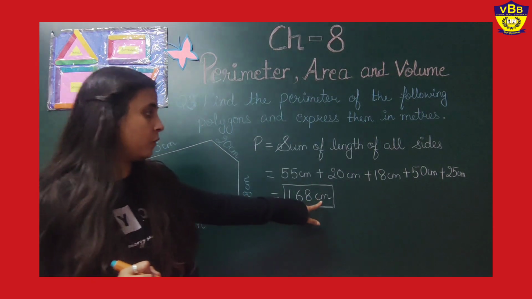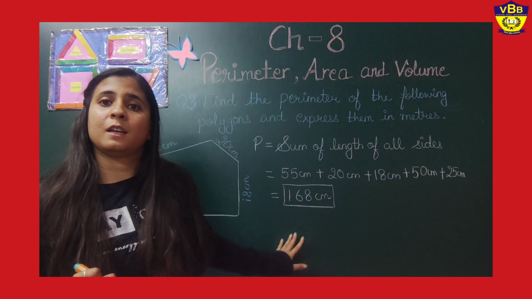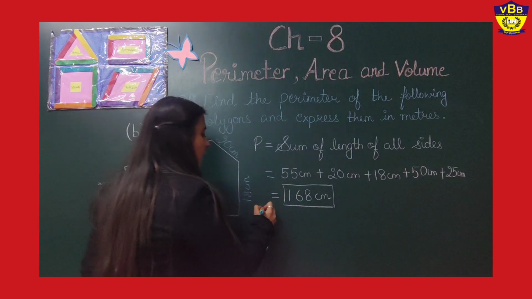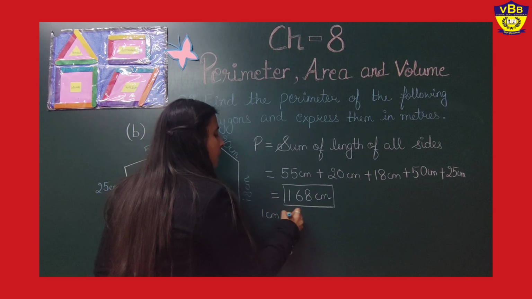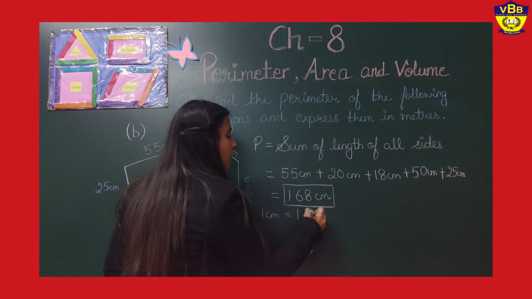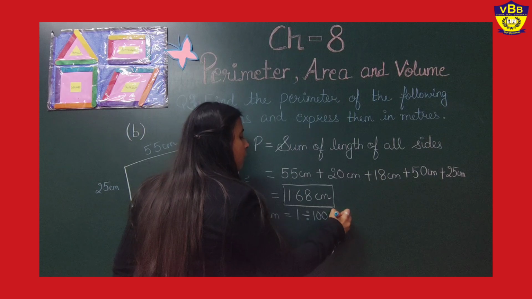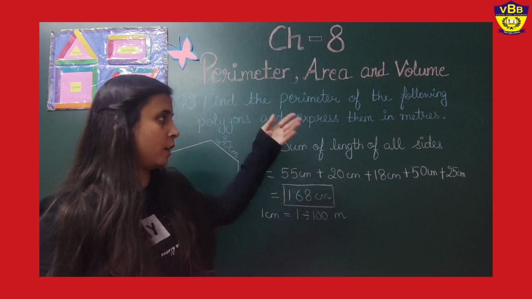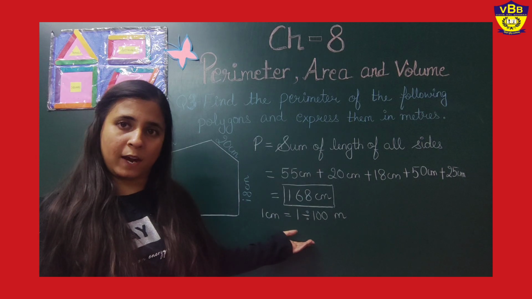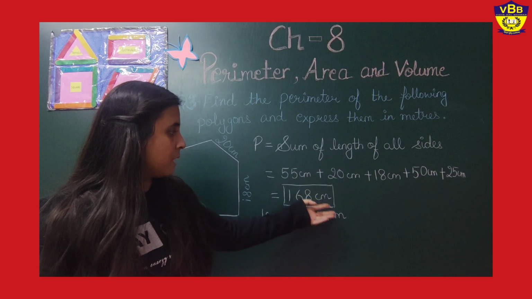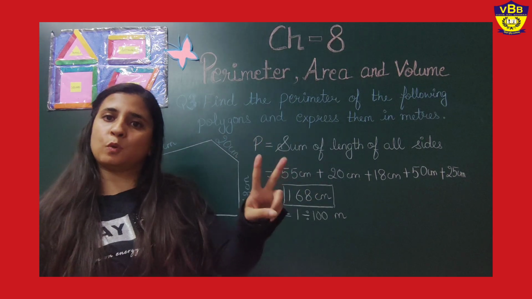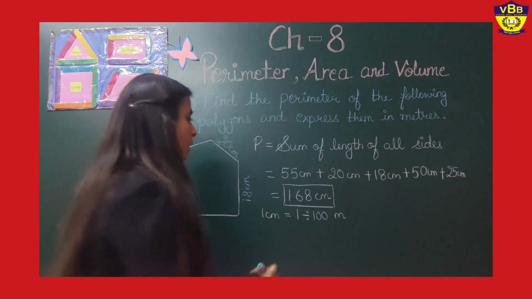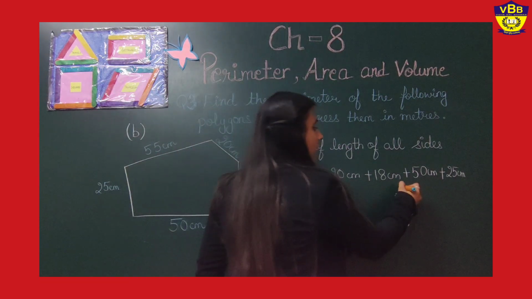You have to convert this centimeter into meter. Okay, so 1 centimeter will be equal to 1 divided by 100 to convert it into meter. When we convert from smaller unit to bigger unit, we divide and the steps from meter to centimeter, there are 2 steps, so we will divide by 100. Okay, so let's see this how.